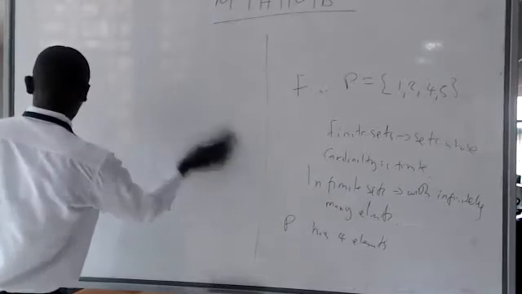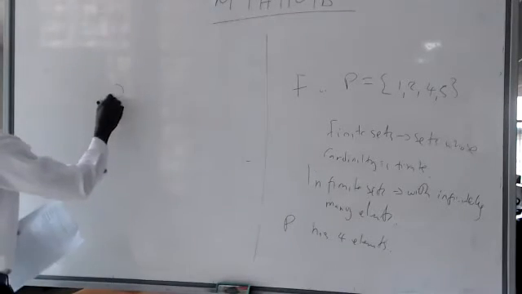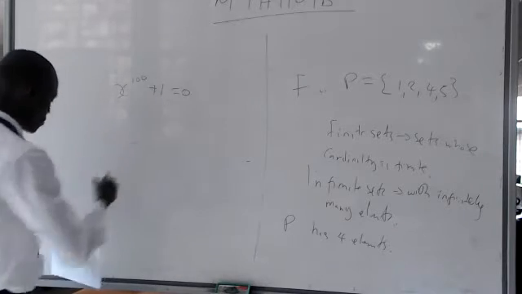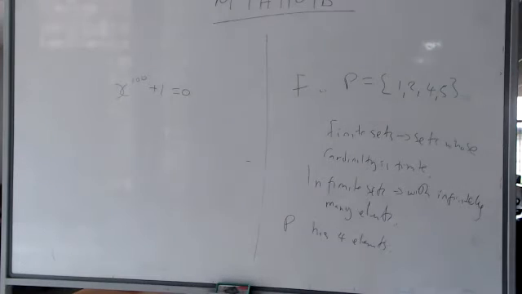And now the last one here is that this equation has at most one solution. We have x to the 100 plus 1 is 0. What do you guys think? Can you say anything about that statement, or any ideas around it?